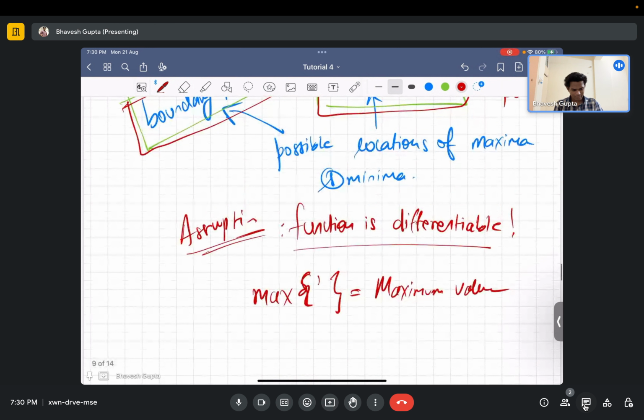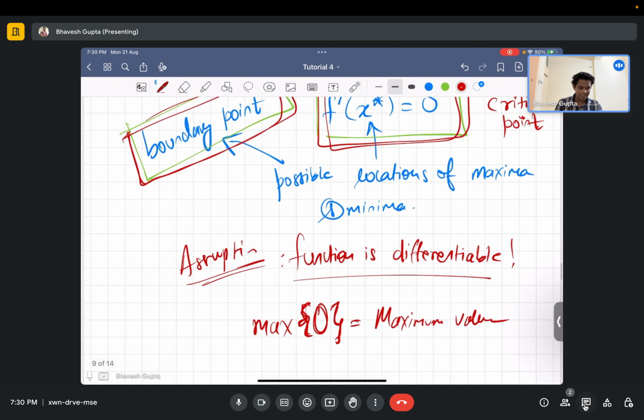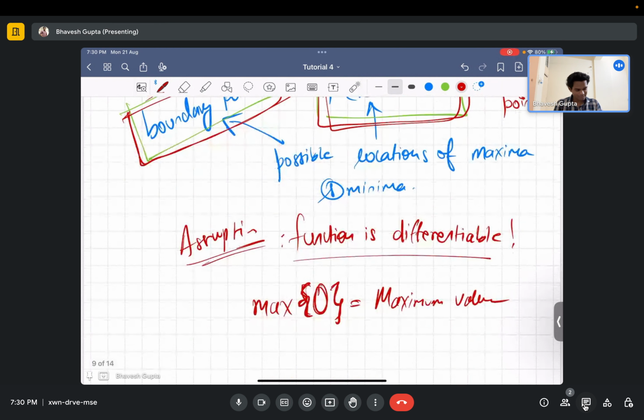I hope you understand: the possible values form a set, and this set contains the values at these particular points. From that set, I'll select the maximum and say that's the maximum value the function can give.